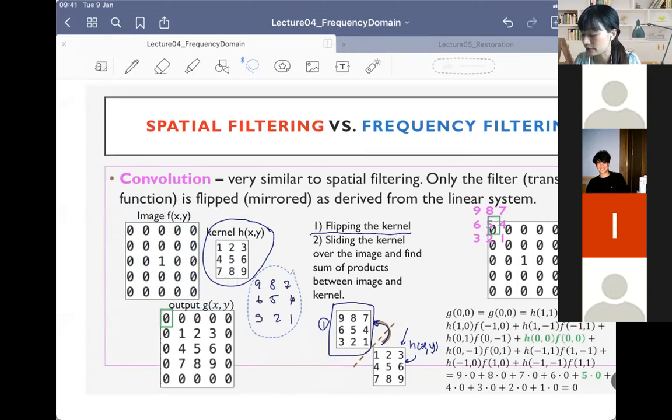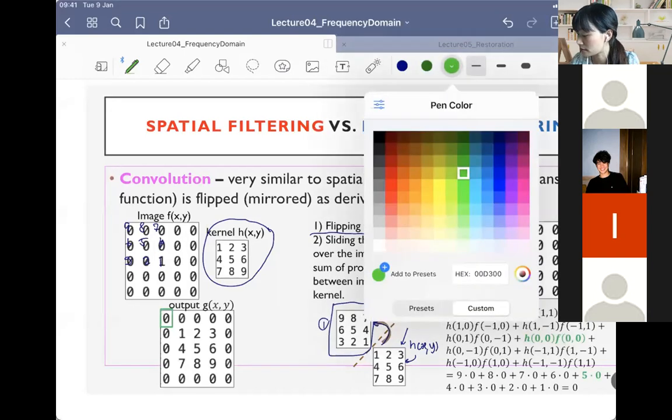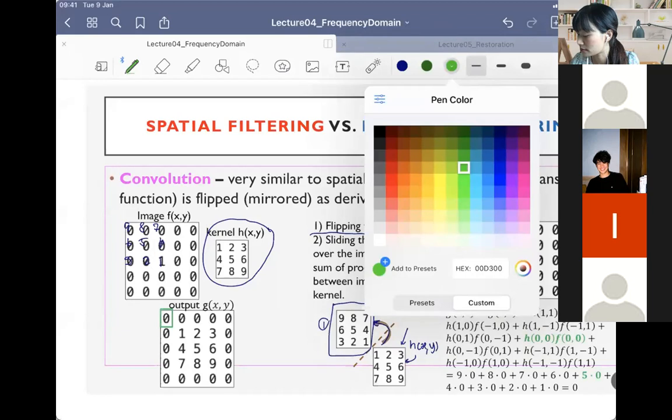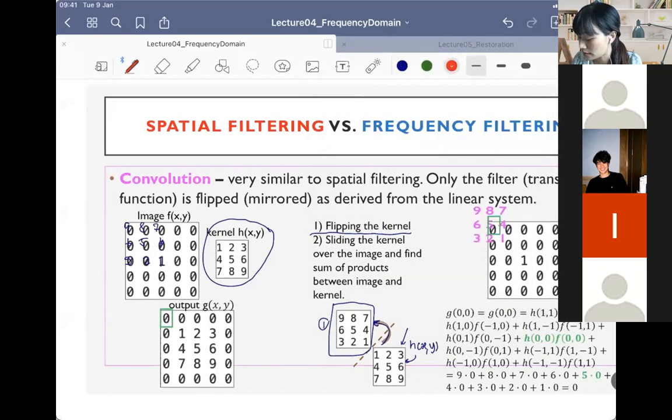And what you see from the result is, when you find the first overlapping here, the value that is non-zero is actually 1 multiplied by 1. So the result is equal to 1.